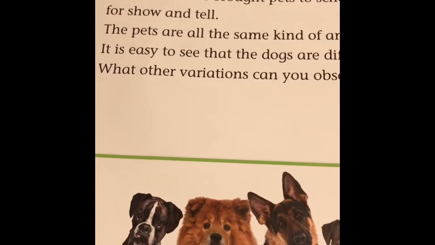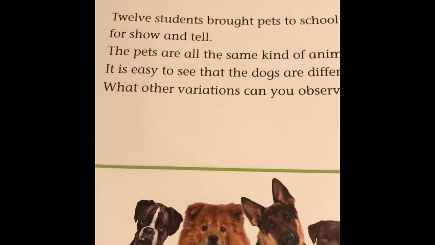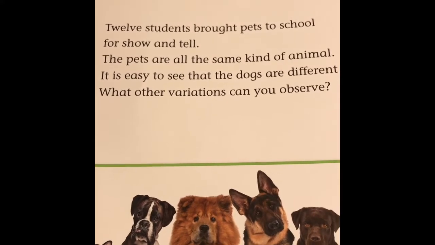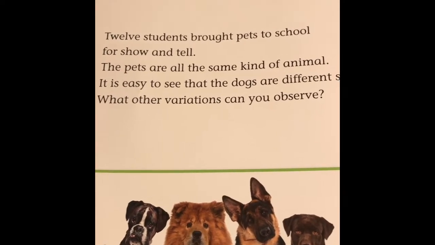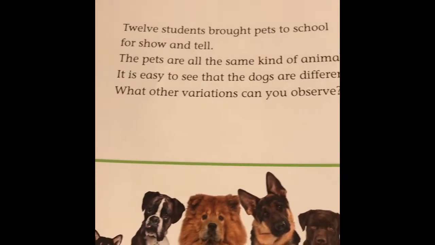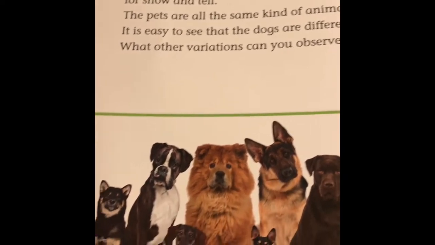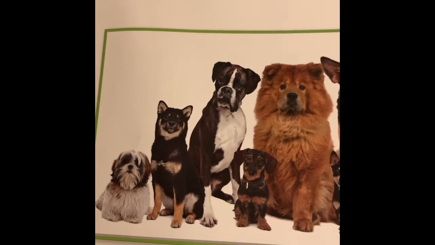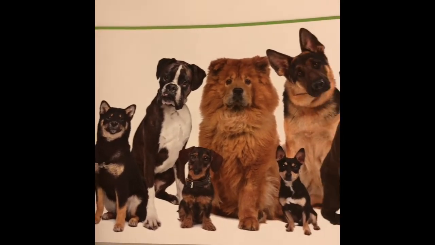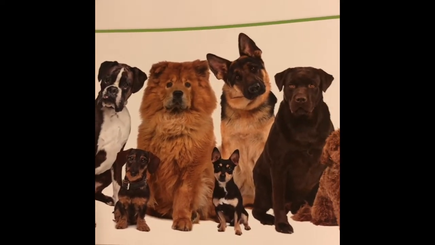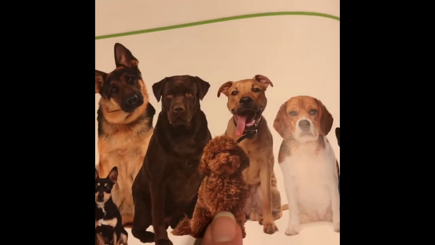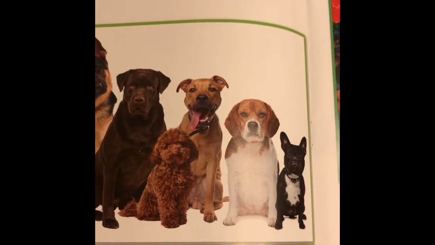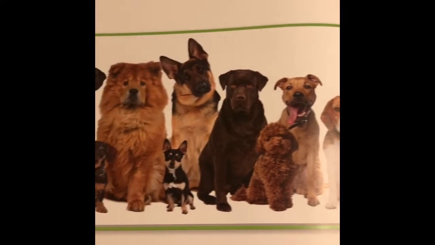It says 12 students brought pets to school for show and tell. The pets are all the same kind of animal. It is easy to see that the dogs are different sizes. What other variations can you observe? Oh, look, that one looks a little like Sophie, and that one looks a little like Louie when he gets really, really long hair.